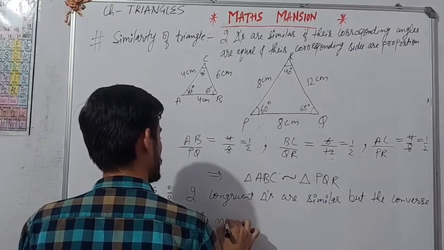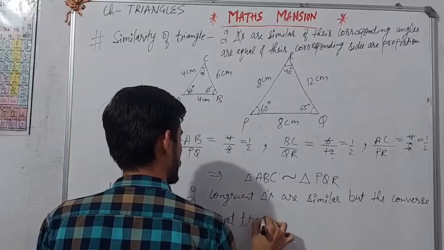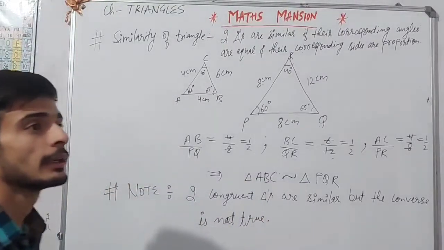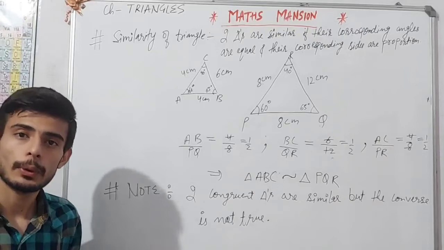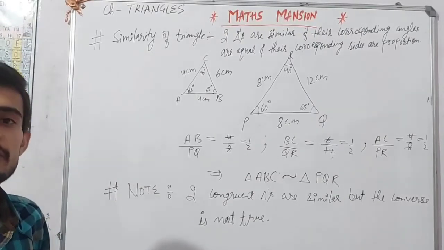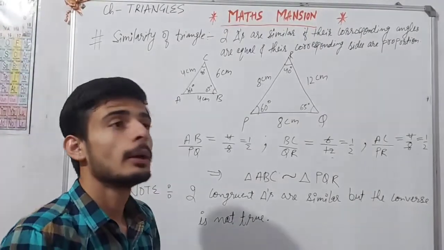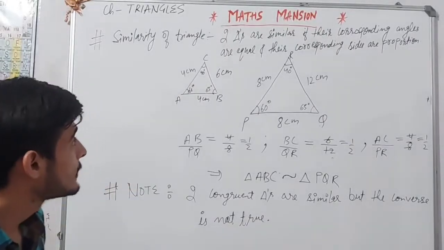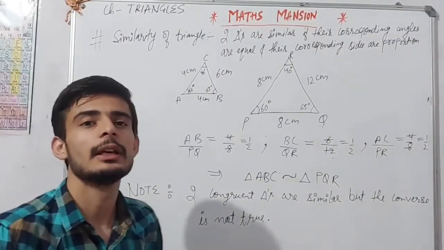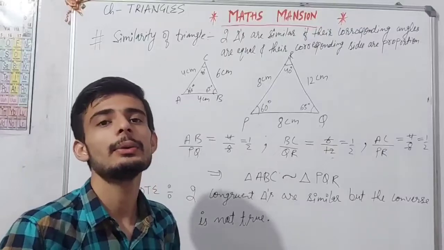It means that if two triangles are congruent, then they will definitely be similar. But if two triangles are similar, then we cannot say that they are congruent to each other.